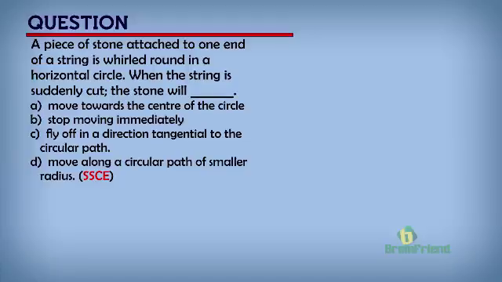C. Will the stone fly off in a direction tangential to the circular path? And D. Will the stone move along a circular path of smaller radius? Obviously, the answer is C, which is the stone will fly off in a direction tangential to the circular path.